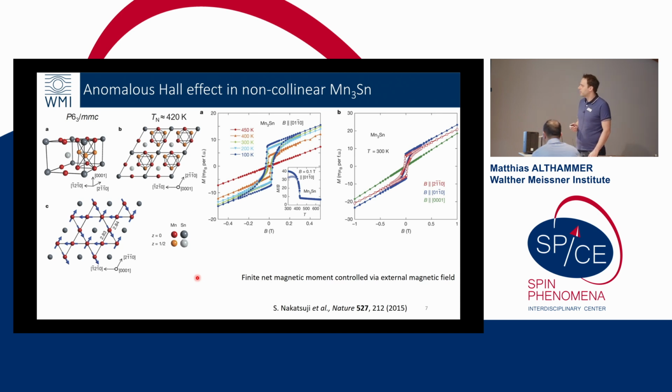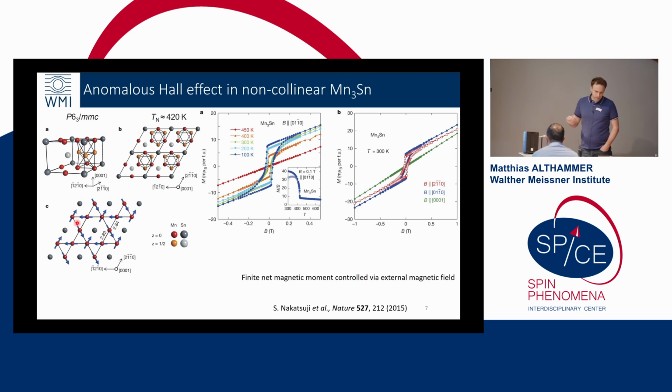This is now work on a single crystal, published a year later in Nature, where they worked with manganese-tin in this sample. So you have, again, this kind of structure here. If you project it down onto one plane, that reminds you of the work that's been shown there. Important is now you have these spins here pointing in a certain direction.